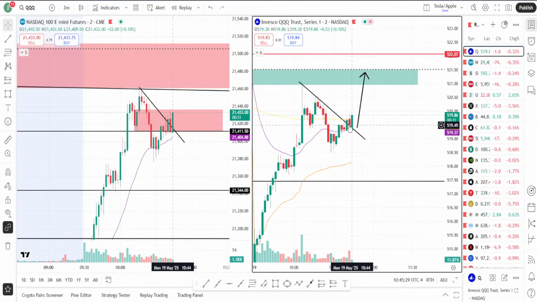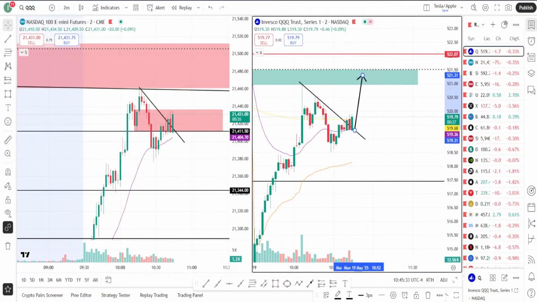So now we can see clearly here which scenario is playing out. Was it the buying scenario or the selling scenario?